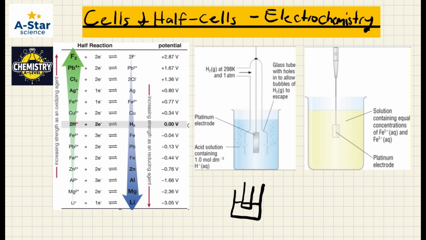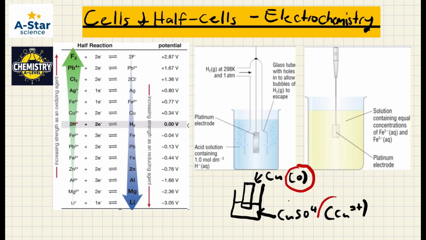So for example, we had copper here, which had a charge of 0, and then an electrolyte here, something like copper sulfate, which has copper here. The copper would have a 2+ charge, and that is called a metal ion half cell, because the metal exists as two separate oxidation states.